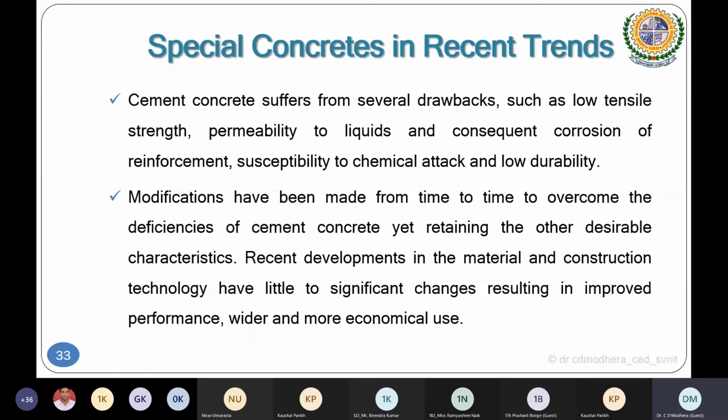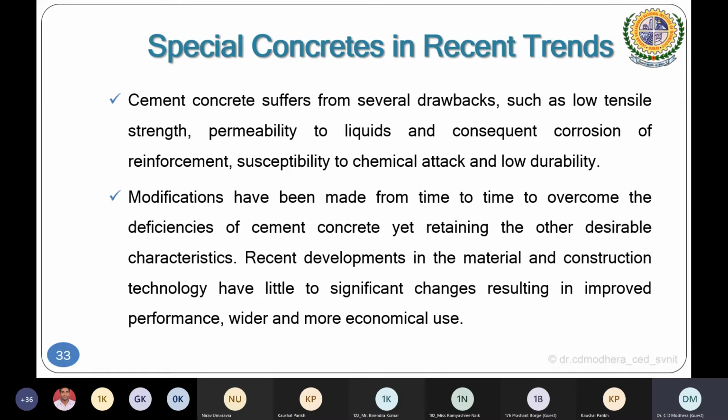Special concrete is the recent trend. Why did it come into the picture? Why is traditional concrete not still going on? There are several drawbacks, such as low tensile strength, permeability to liquids, and consequent corrosion of the reinforcement. That is also one of the issues. And susceptibility to chemical attack and low durability. So I think these 3-4 parameters are very much involved in developing new concretes which fill the gap.